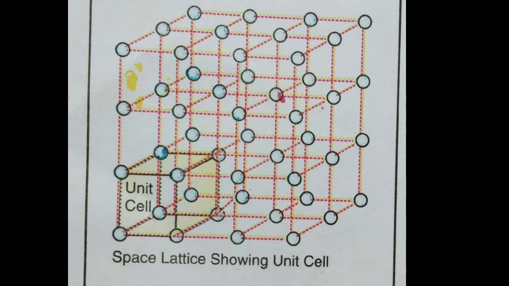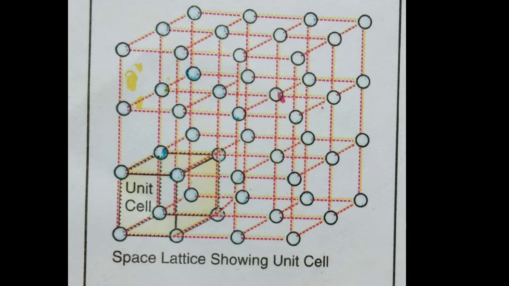A crystal lattice or space lattice is a regular arrangement of the constituent particles, which may be atoms, ions or molecules, of a crystalline solid in three-dimensional space.